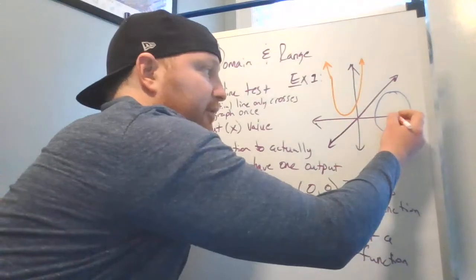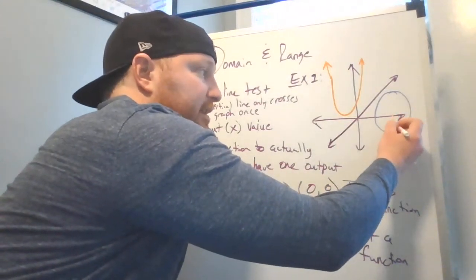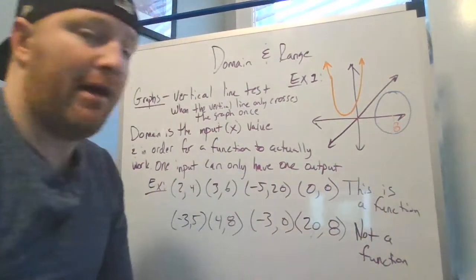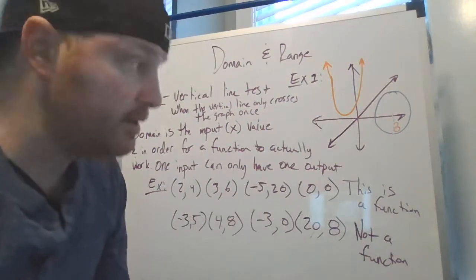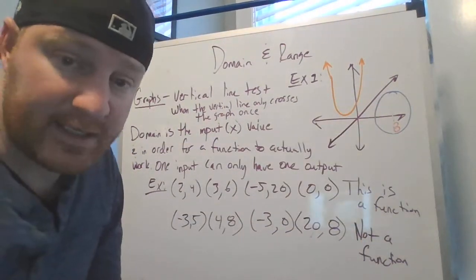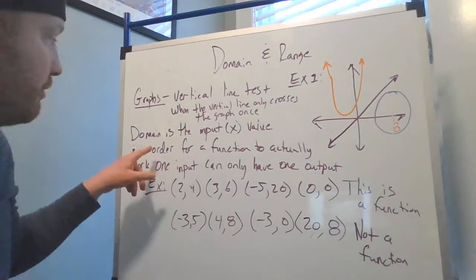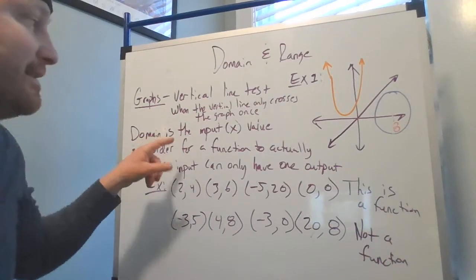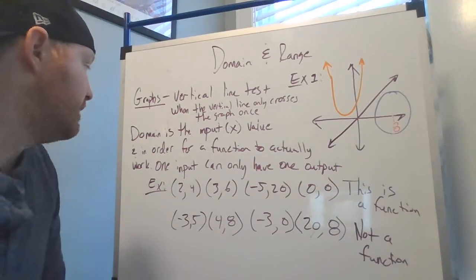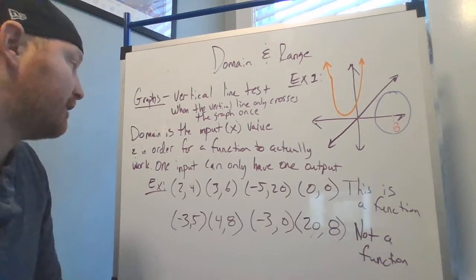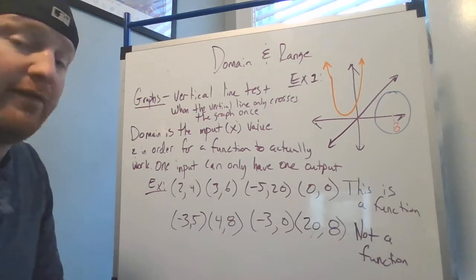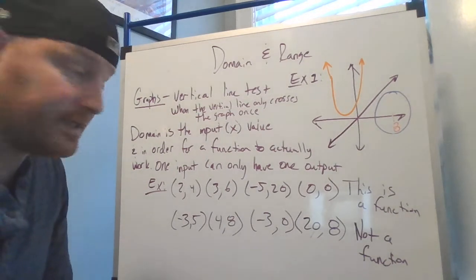How is it possible to have an input of 8 and get two different answers? That's essentially what it means. More importantly, domain is the input or the x value, and in order for a function to actually work, one input can only have one output.